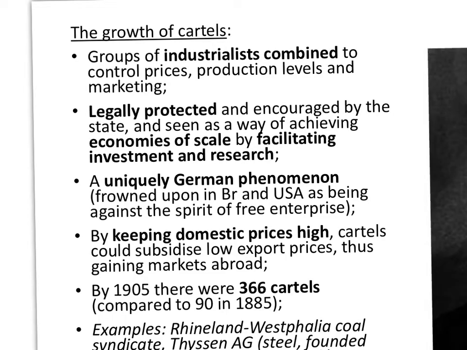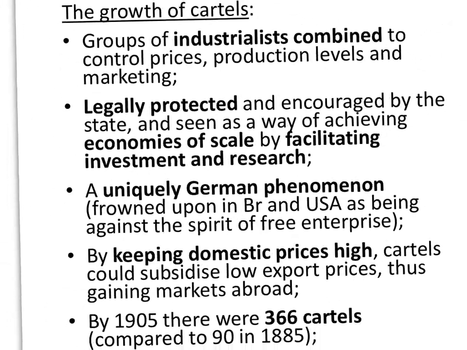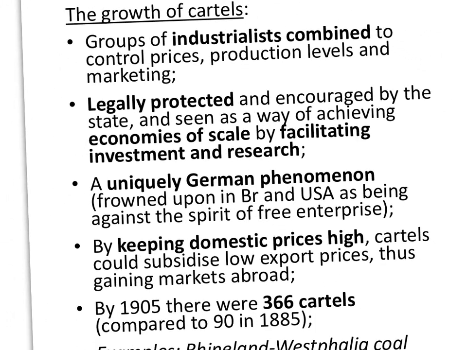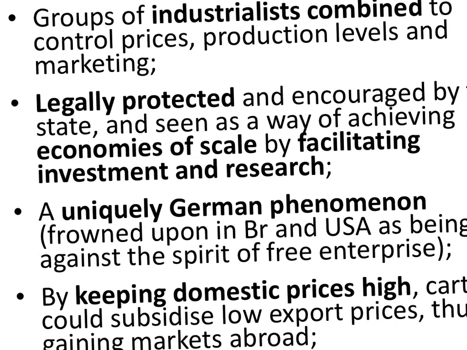They were seen as a way of achieving what we call economies of scale. That if two big industrialists, two big businesses combine, they can make things cheaper. Okay, they can combine their profits, invest in scientific research to find new ways of making things that will be cheaper, and arguably then by doing that they can make their goods cheaper.